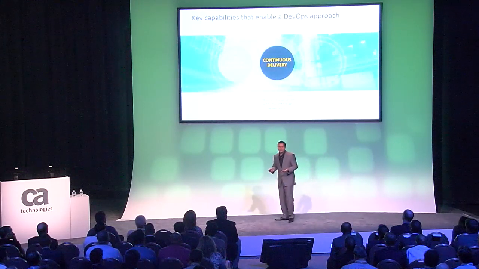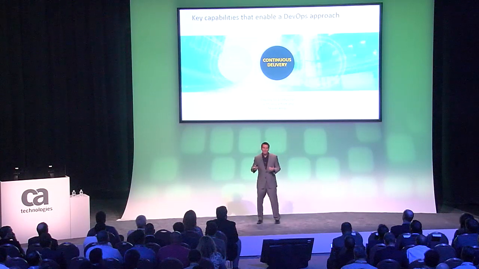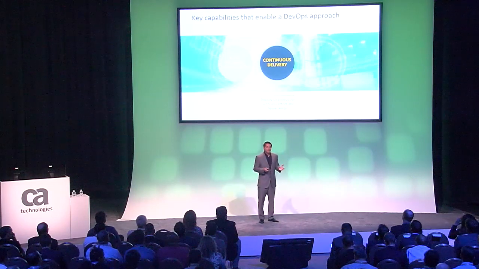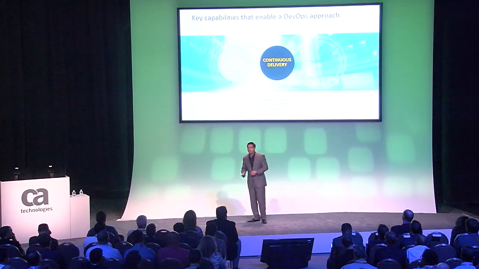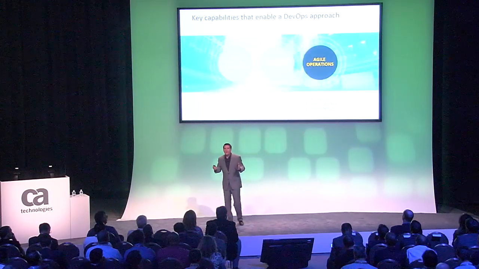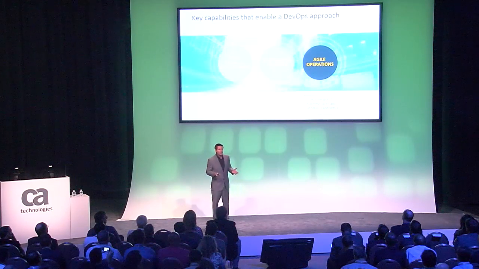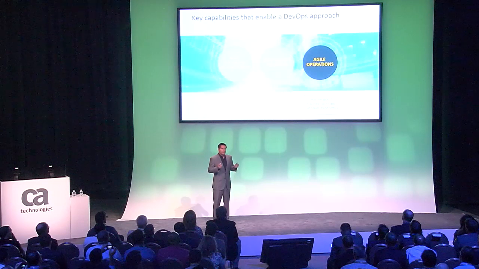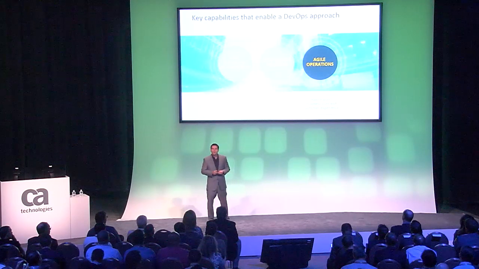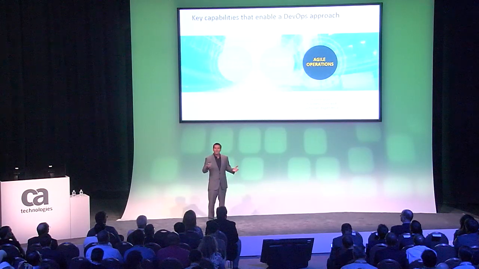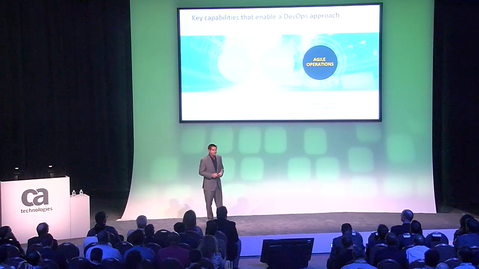So as the applications are being built, tested, and deployed into production, here you need the tools to automate and accelerate the entire process. And agile operations. So with insight into your applications and your infrastructure, the performance, you can ensure good customer experience from the mobile to the mainframe, anytime, anywhere.